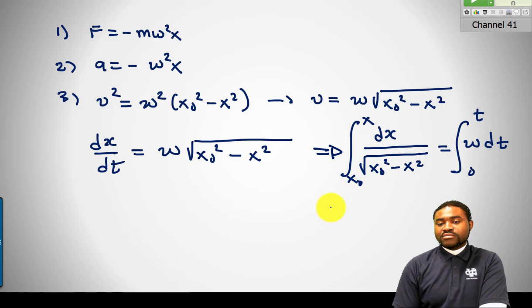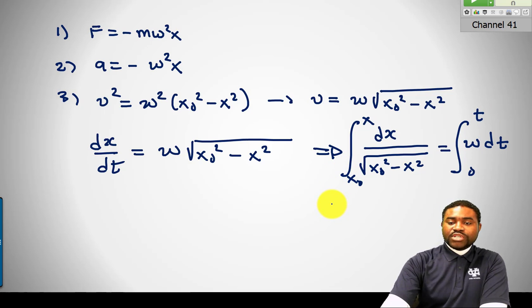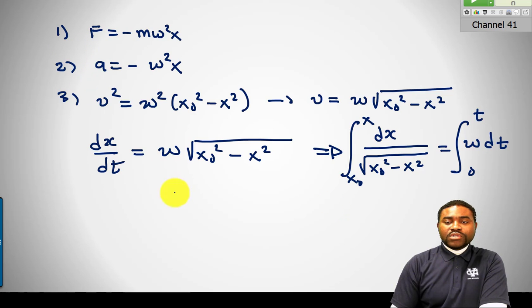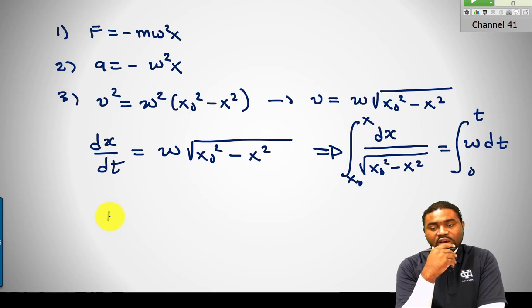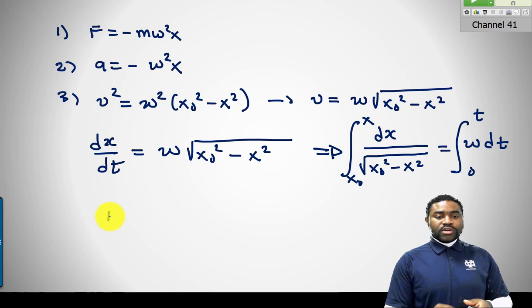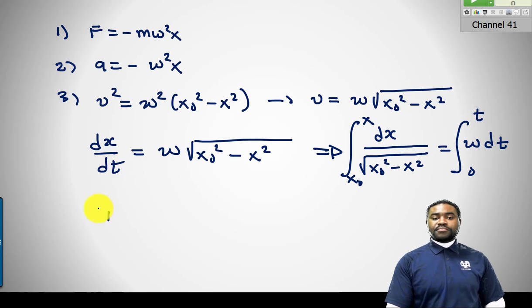Now, this is an intricate inverse trig integral. So how do we differentiate this expression? We can use a trigonometric substitution, right? We did this before, not once but twice. Now look up, fellas.